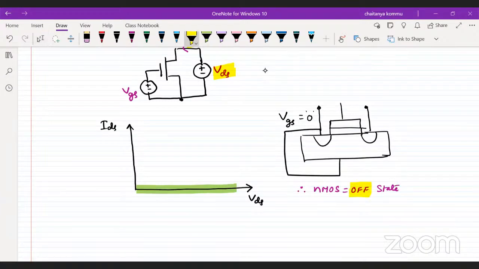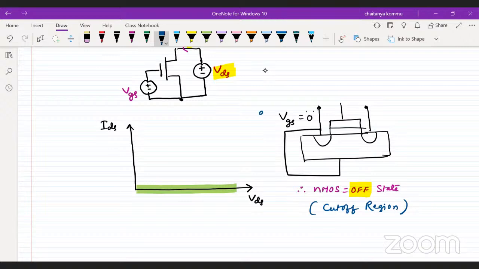The MOSFET is said to be in the off state, or technically we can call it the MOSFET is in the cutoff region. Off state or cutoff region, it doesn't matter.